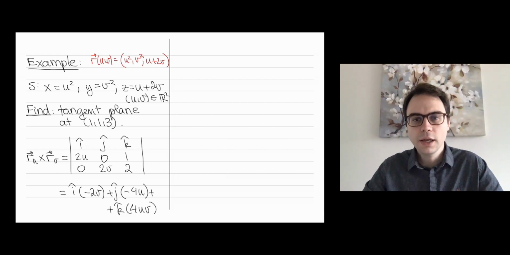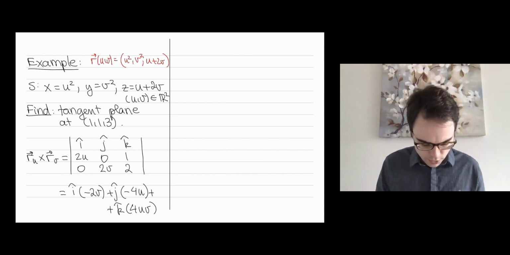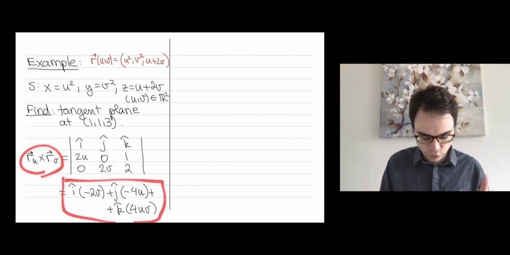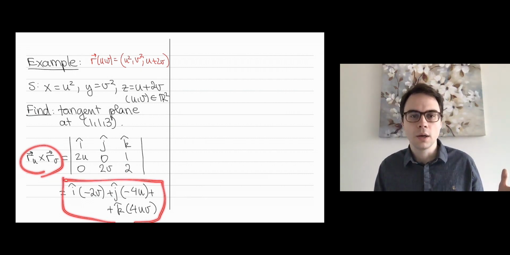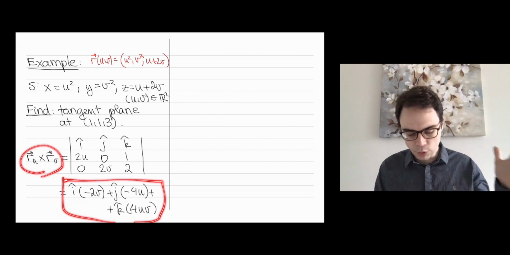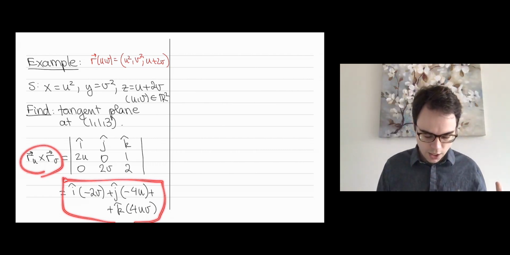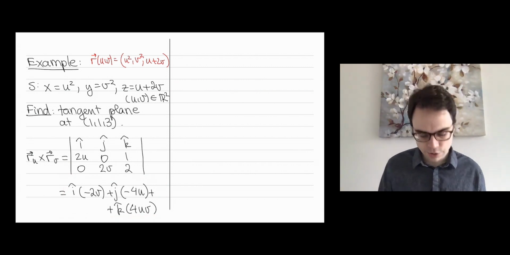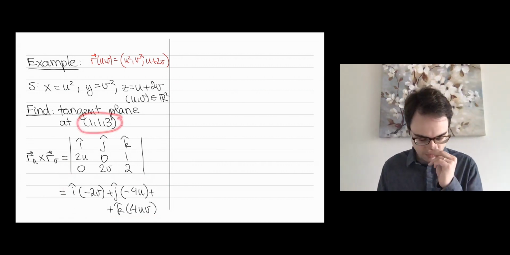Okay, we still have to figure out one thing. We found this formula that gives me normal vectors on my surface. But these formulas depend on u and v, and I don't want all normal vectors on the surface. I just want the normal at the point 1, 1, 3.